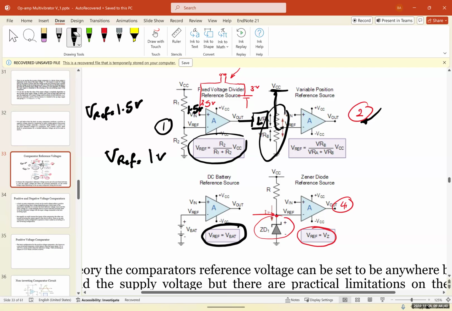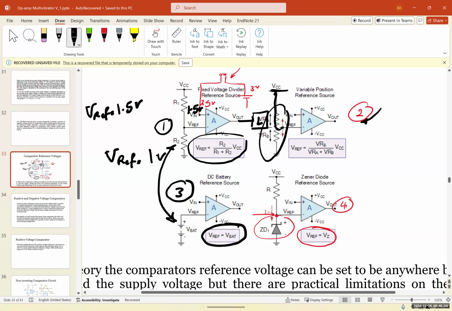So I would say 1 and 3 are very similar to each other. The only difference between 1 and 3 is that in 3, you have directly connected that to the op amp. The benefit that 1 has compared to 3 is that sometimes you can't connect an op amp directly to a battery, especially if you have a large battery.